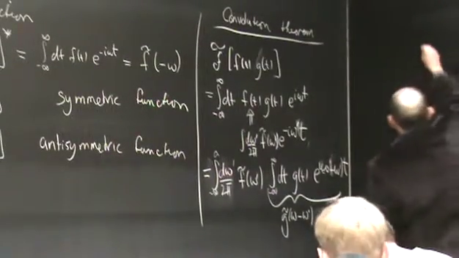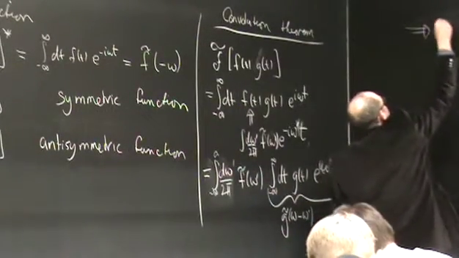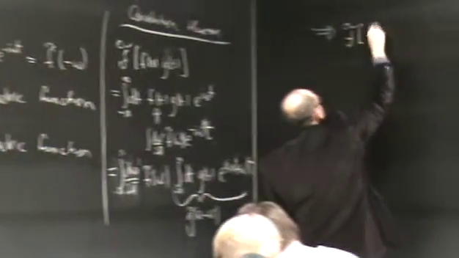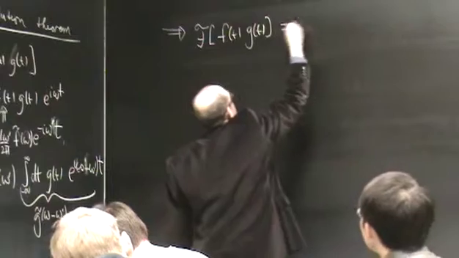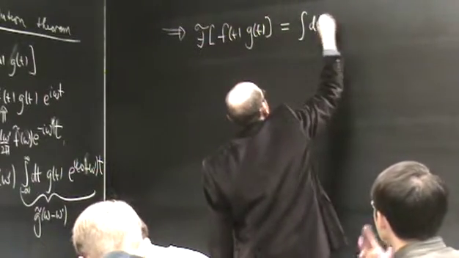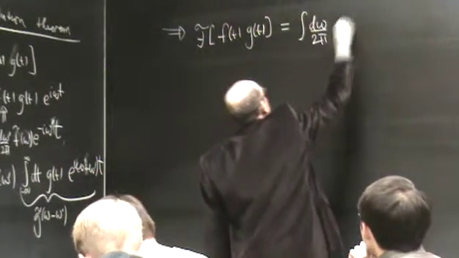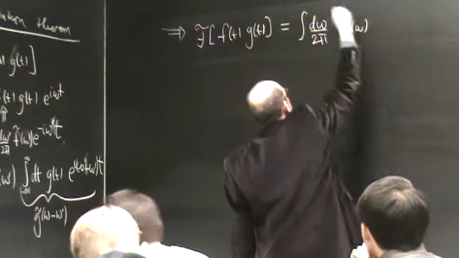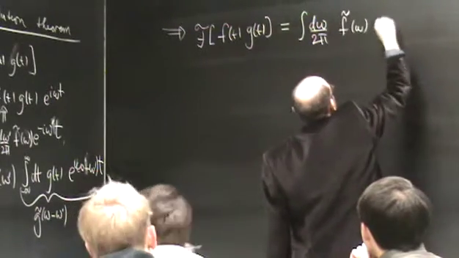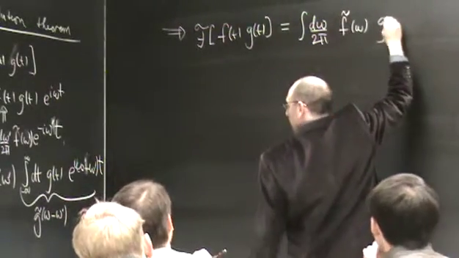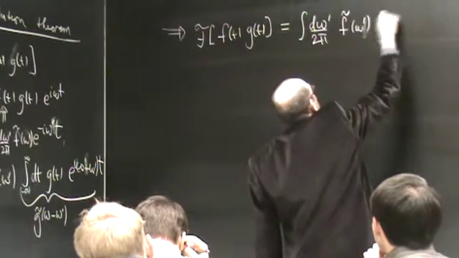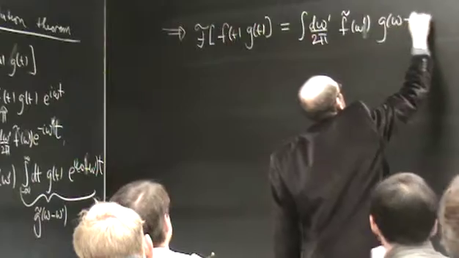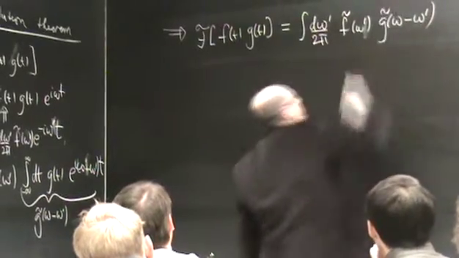So the convolution theorem says that the Fourier transform of a product of functions is the convolution. Since this is now a dummy variable, I'll change it back to omega. Between the two functions.